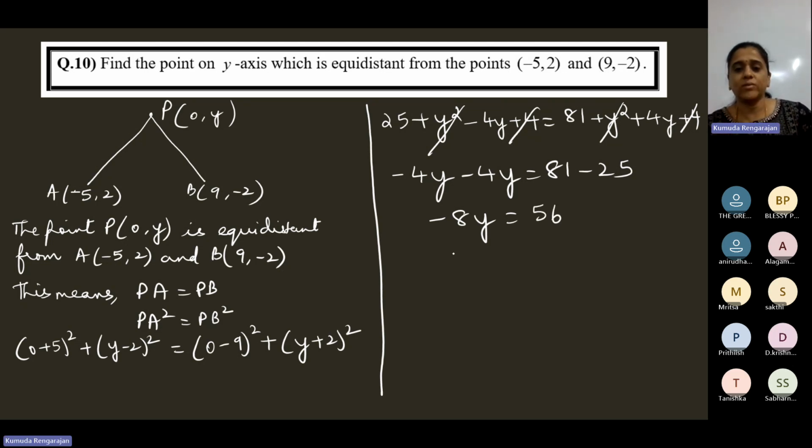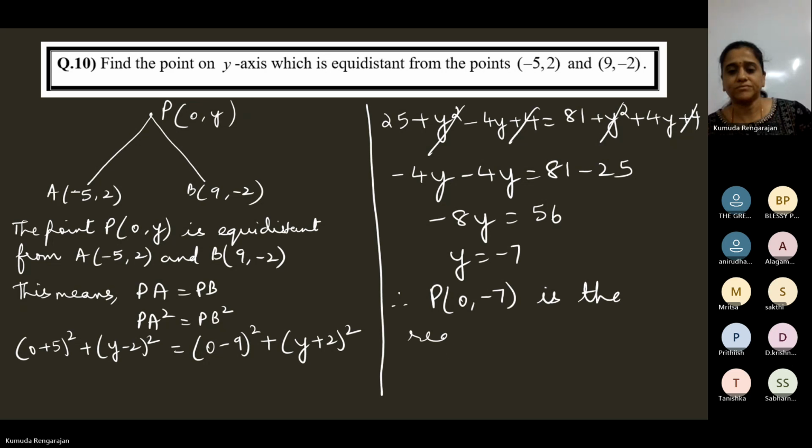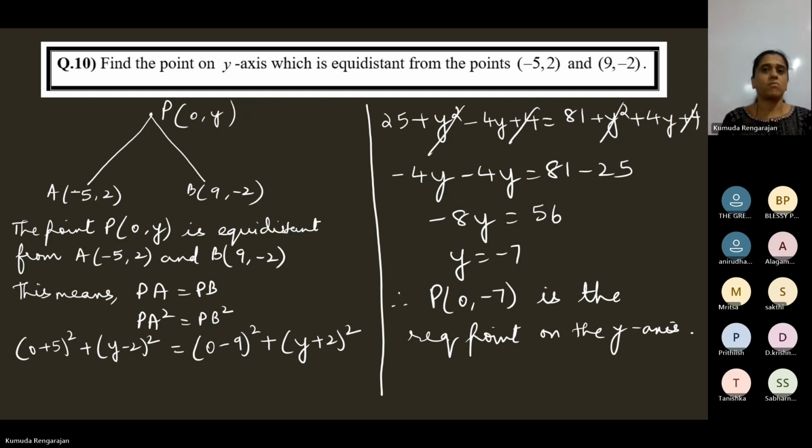Okay. So y is equal to minus 7. So therefore, P 0, minus 7 is the required point on the y-axis. All right.